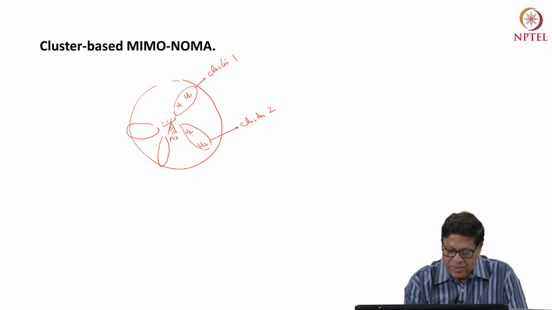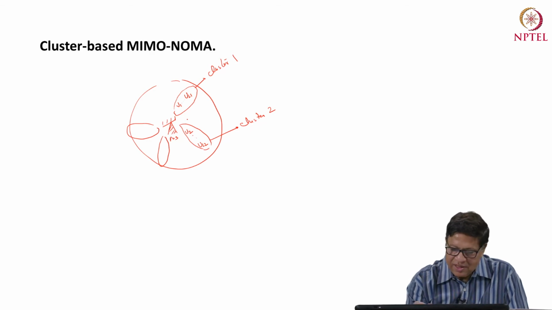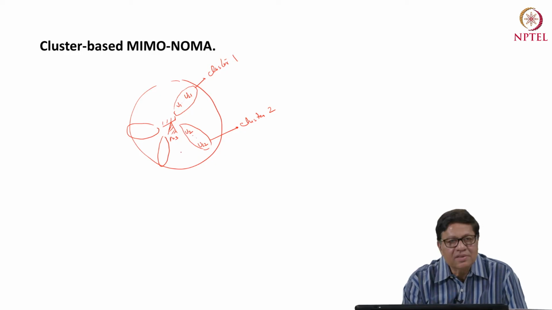The beam formation is done in such a way by using transmit precoding and detection, so that for users from cluster 1 and other clusters, there is no interference from other clusters.